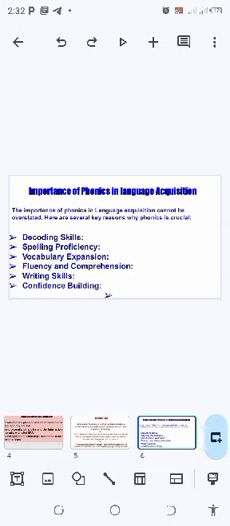Three, vocabulary expansion. You will learn more words while learning phonics and diction. You learn more words, more terminologies, more jargons related or associated with different fields of life.